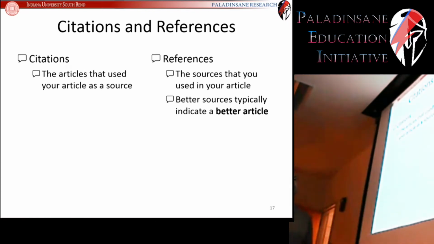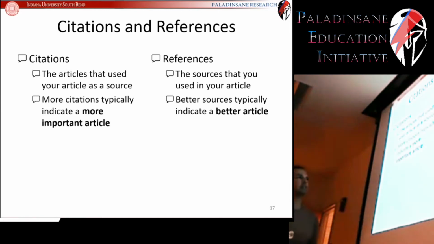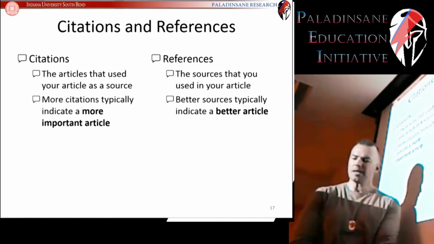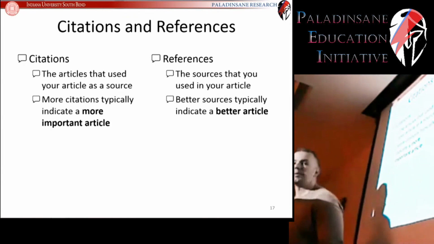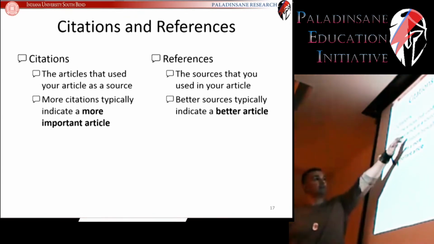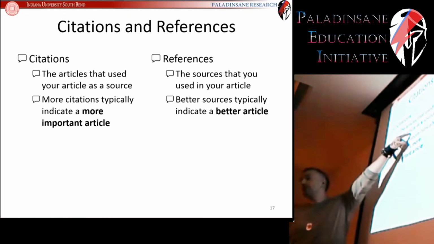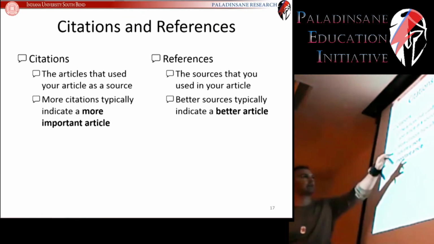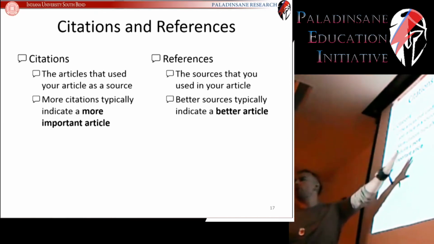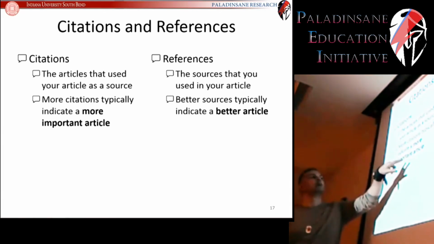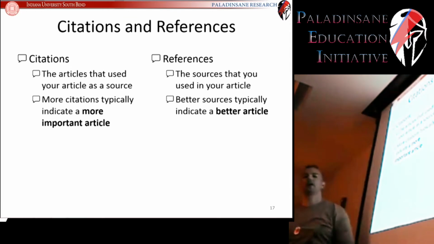So references can help you navigate, and citations can also help you navigate an area. They're extremely powerful because you can use citations to search for articles, and we'll see how to do that on the library visit. More citations typically indicates a more important article. Important is a big word there.